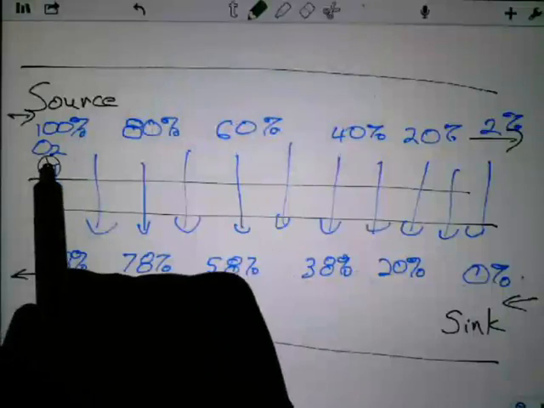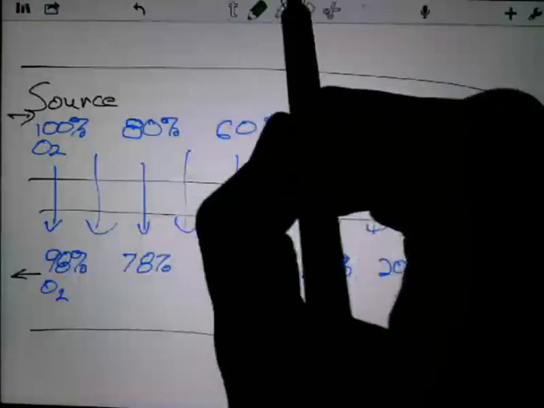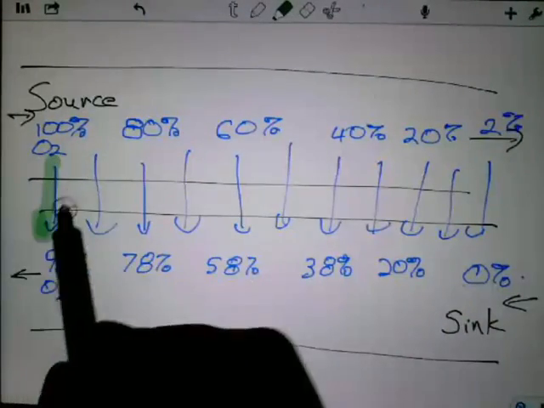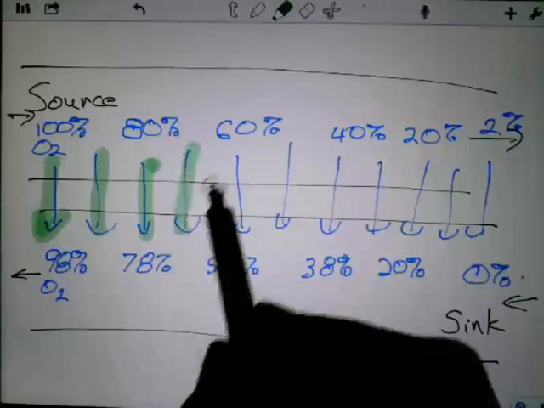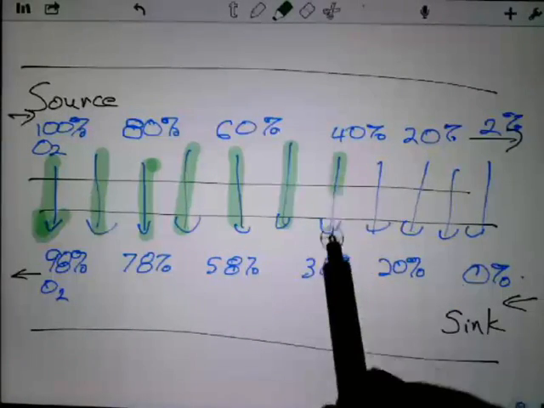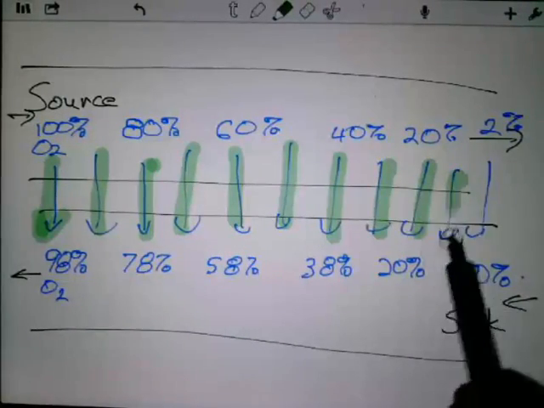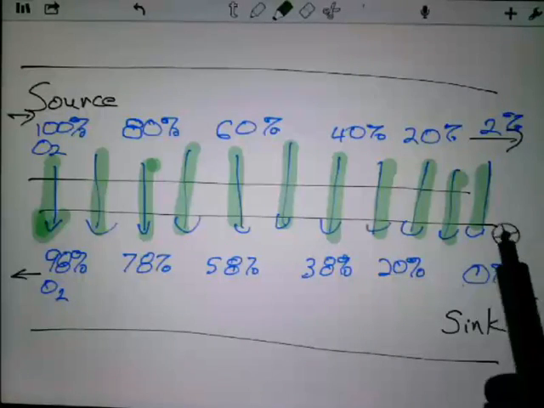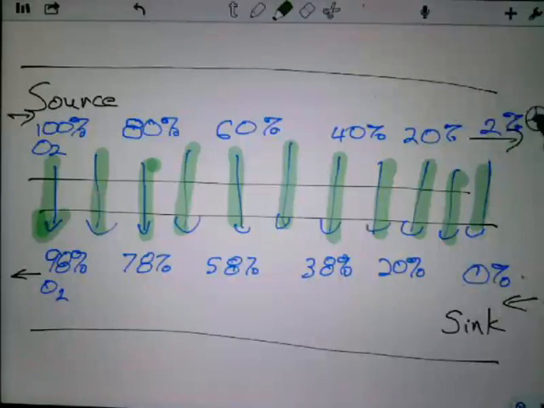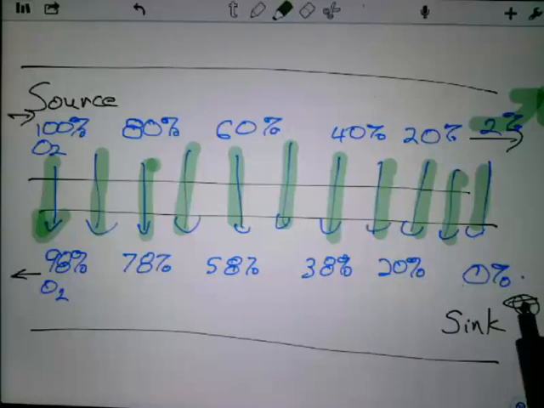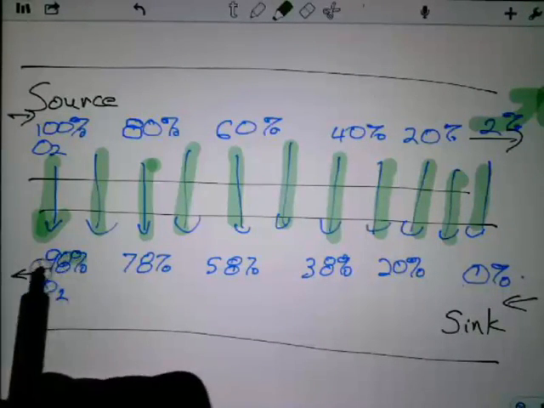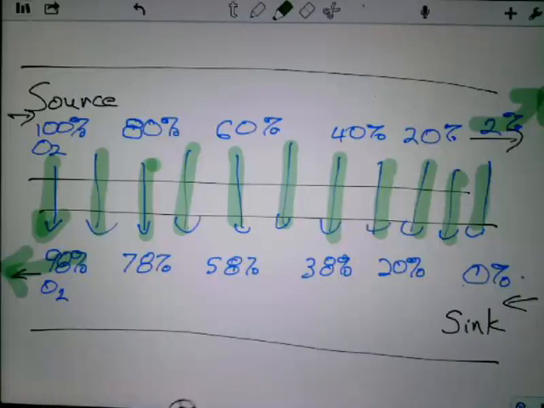So at every stage, we have oxygen moving down its partial pressure gradient from the source to the sink, and at the end the source would have almost no oxygen left and the sink would have picked up most of it.